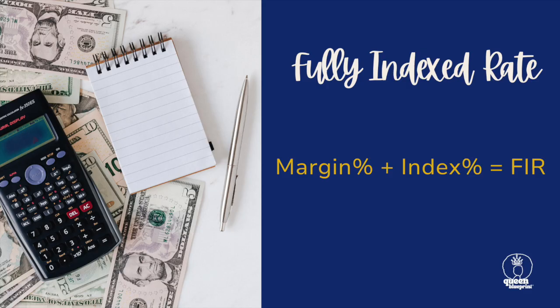At the time of an adjustment, the lender will add the current index number, which depends on the loan's assigned index, plus the margin, okay? Now, this is talking about ARMs and the hybrid ARM, not the traditional fixed rate, okay?